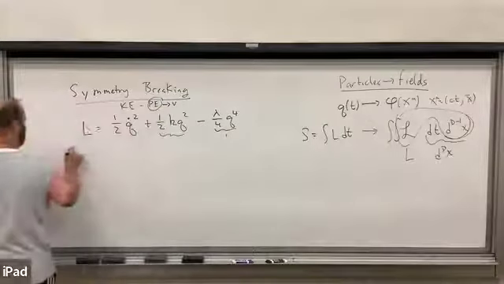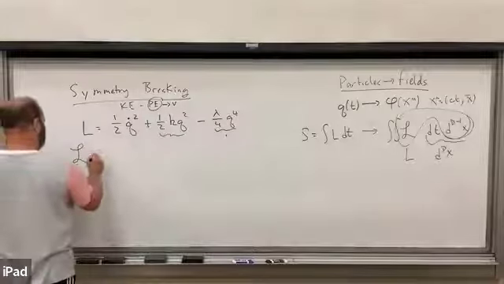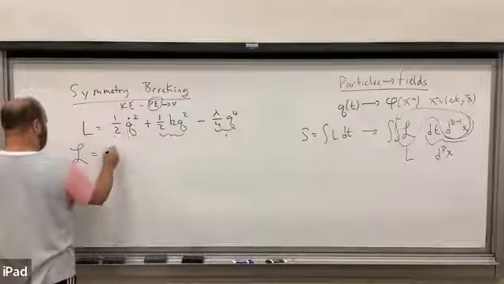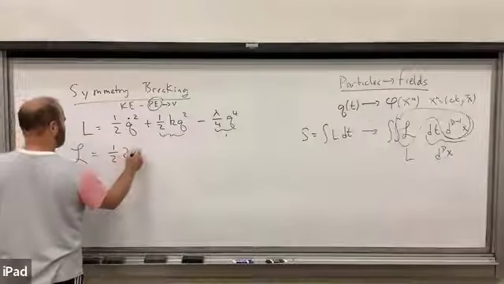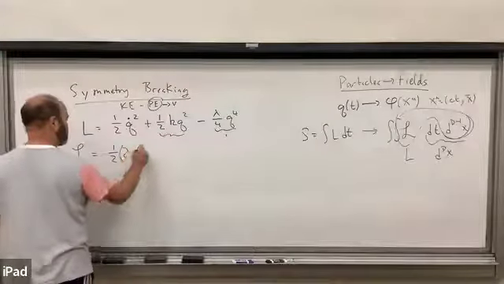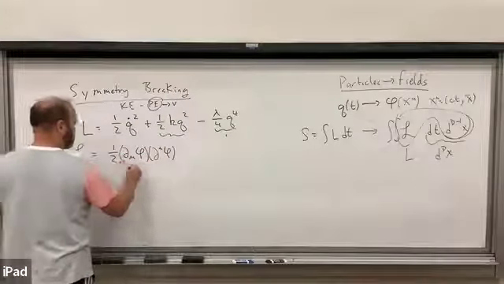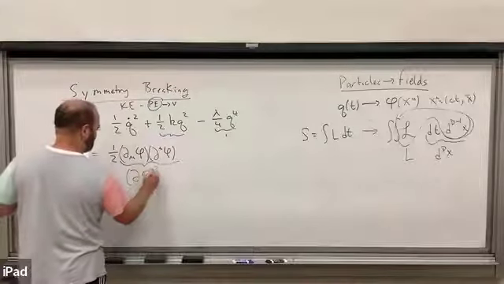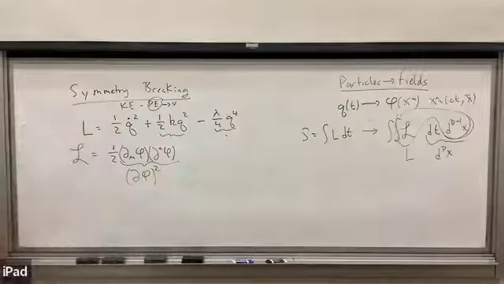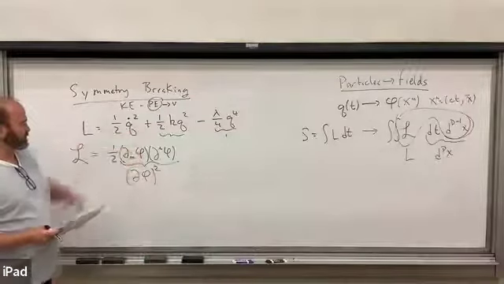So we want to get a Lagrange density, and this first term is actually replaced by 1/2 ∂_μ φ, which in a kind of lazy way you can write like that. Okay, so this represents this term right here, right?